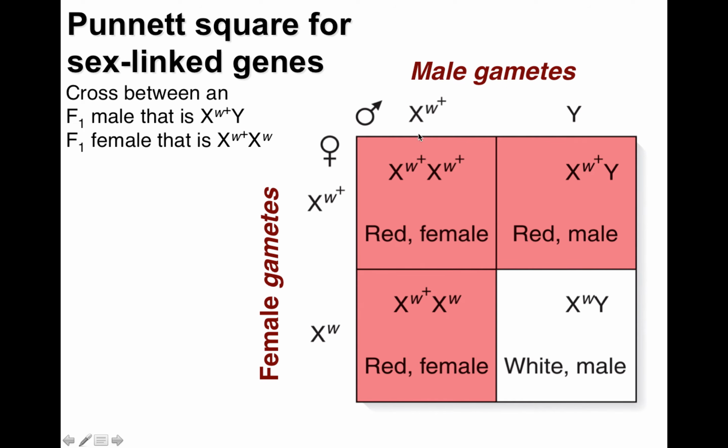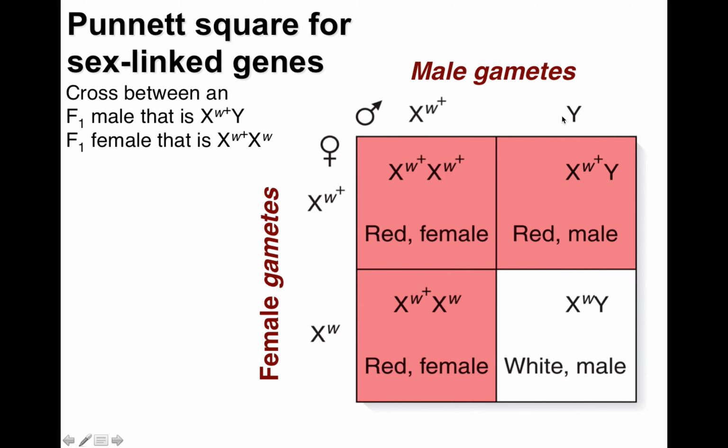When we draw a Punnett square with sex-linked genes, we use a special notation. For Drosophila, we have an X chromosome and another letter indicating which gene we're following on the X chromosome. So we're looking at the white-eyed allele, and we use a W for that gene designation. We also use a plus sign to indicate that this is wild type.